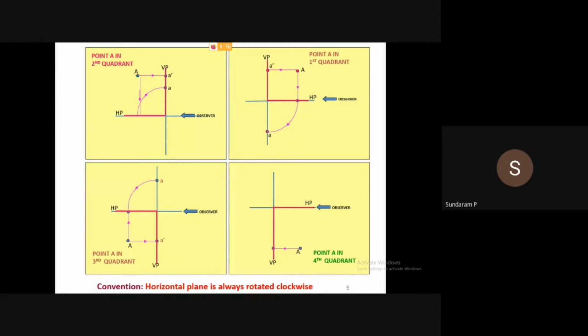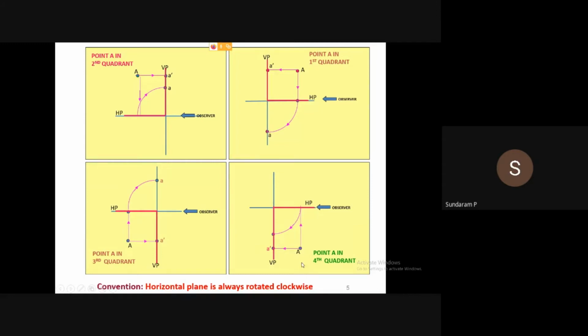Here the front view and top view are both obtained on the same vertical plane. Got it? Because of this, the vertical and horizontal planes are always rotated 90 degrees clockwise. Remember, we rotate in the clockwise direction only.